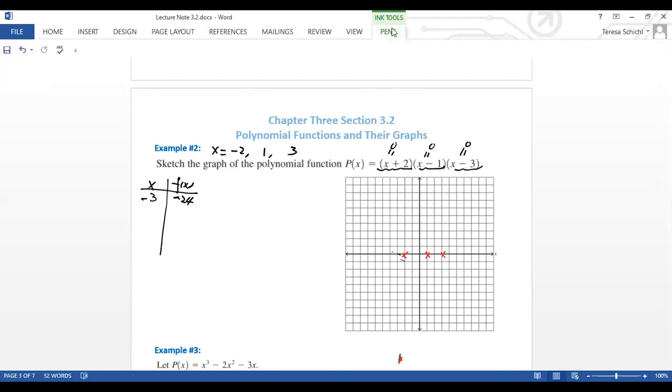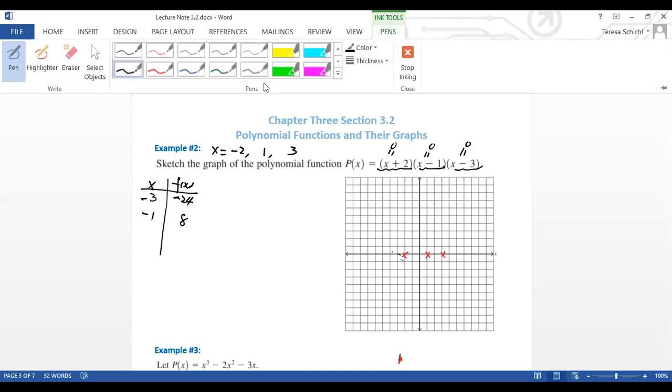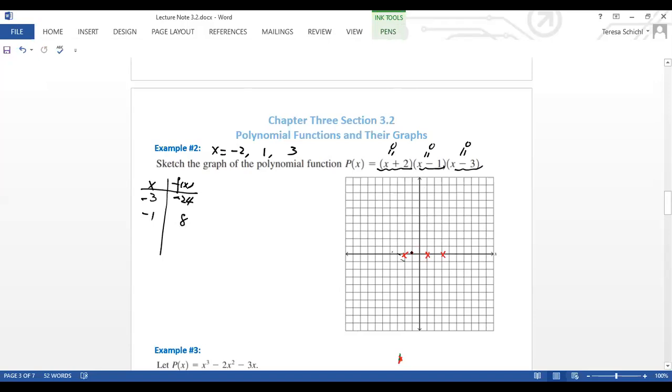Then the next thing is I'm going to find something in between these two, so I choose -1. If you plug -1 in, you get 8. So my next point is -1, 8, which is here.